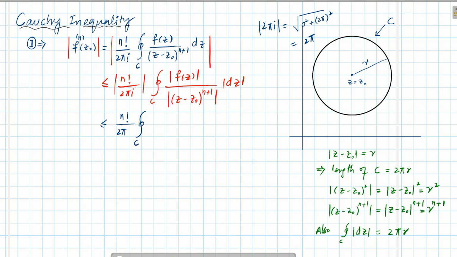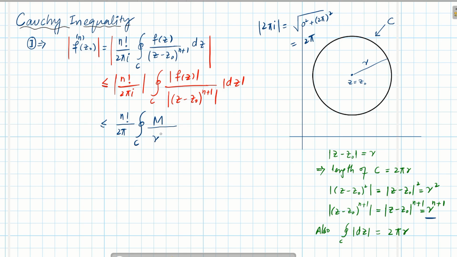This function is bounded in our statement, that is f of z is bounded by M, so instead of mod f of z, we can write capital M over mod of (z minus z naught) whole power n plus 1, that is equal to r to the power n plus 1.